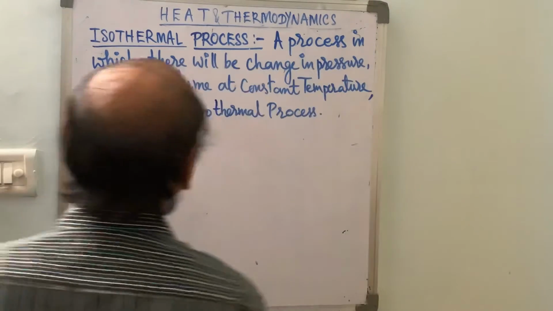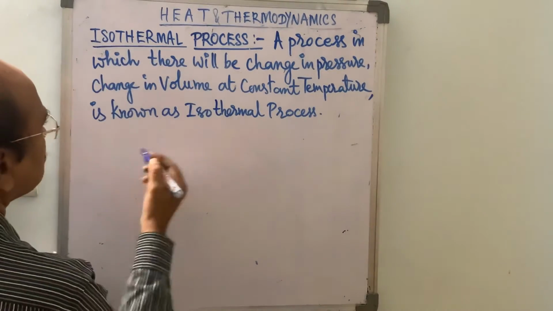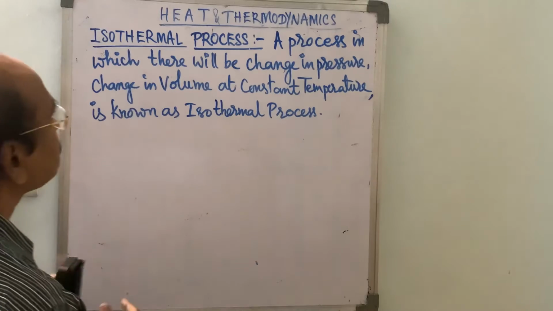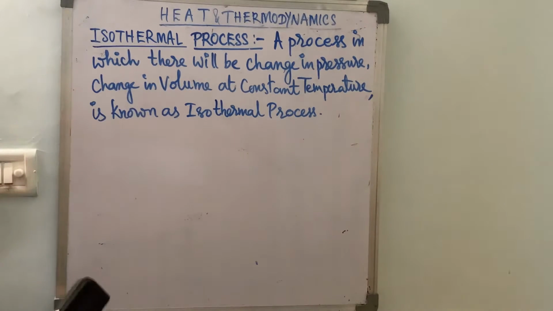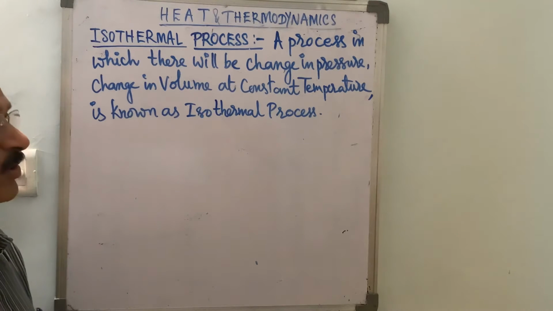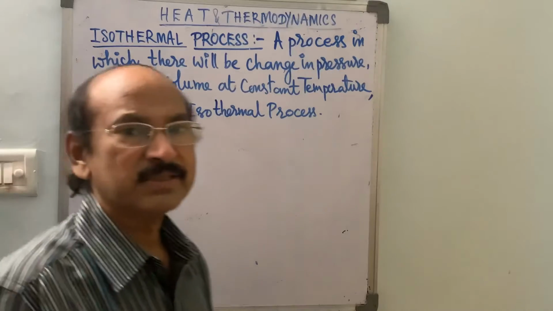So here, as temperature remains constant, for an example of an isothermal process, a gas enclosed in a metallic cylinder is taken.